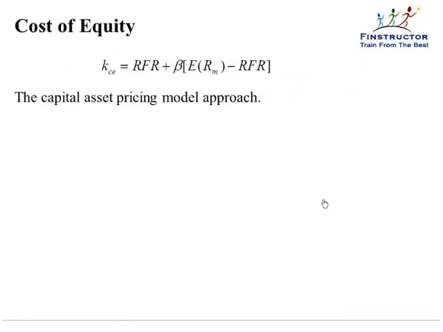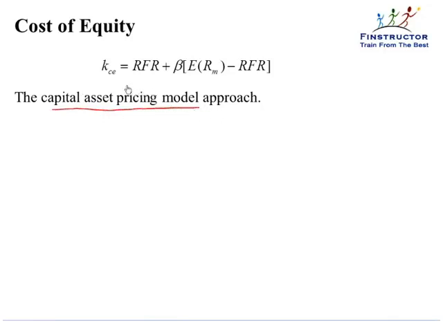Now, there are many ways of calculating the cost of equity, and a lot of these we will study in reviews of equity valuation and portfolio management. However, let's understand a few models and at least the application of them. So the first approach is called the capital asset pricing model approach to calculating the cost of equity.